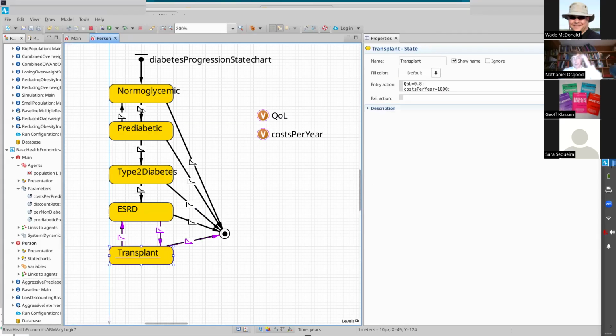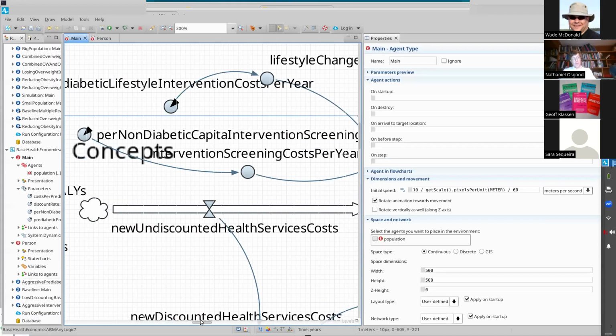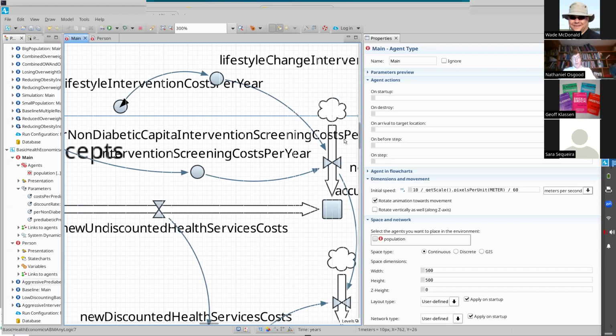So if we can keep them up in these states, we can save a lot of money potentially, but down the road, and that would normally be taken into account in the discounting factor. So here we have these two types of costs being borne.